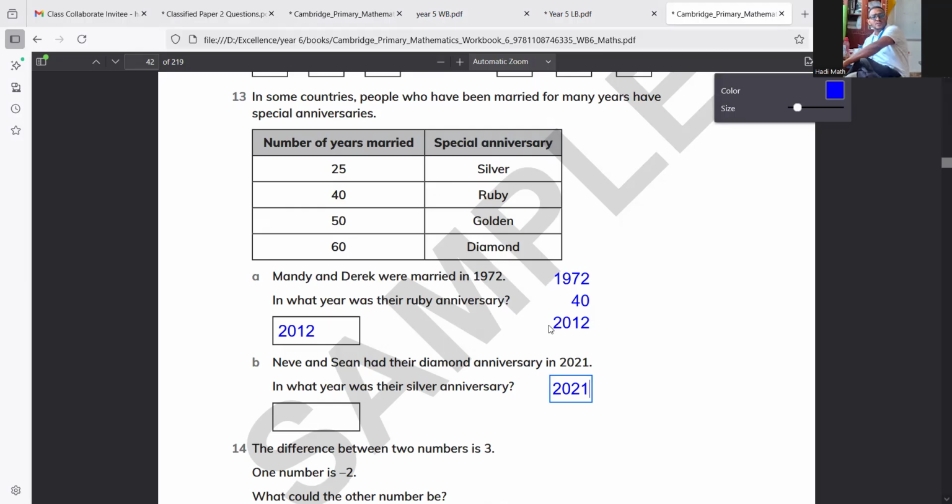First of all, you need to see that the diamond they will get after 60 years, and the silver they will get after what? 25 years. All you need is to see the difference between the diamond and the silver. 60 minus 25 is equal to 35.